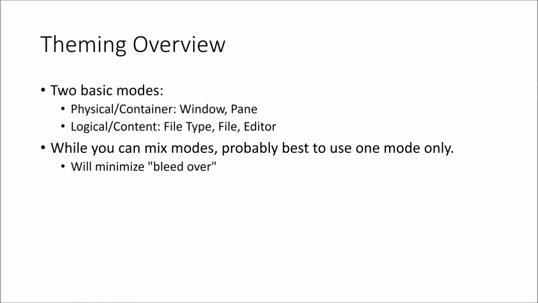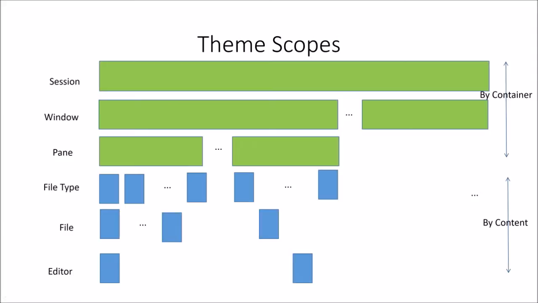So having said that, there are 2 basic modes. One thing to make clear is that you can apply any scope you want. You can mix and match as you like, but generally speaking, you're going to do window and pane together, or you're going to do these 3 together. I wouldn't recommend applying window and pane and then doing it at the content level, because you're getting a lot of layering.